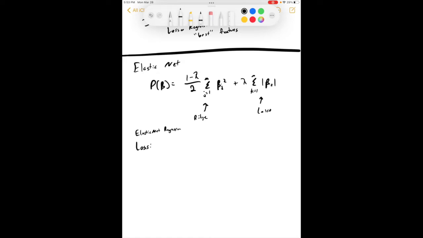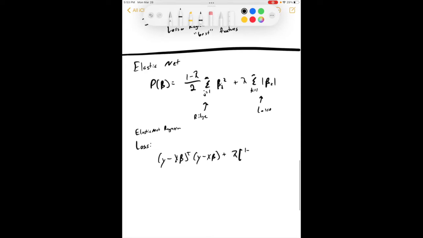And this whole loss altogether is going to be y minus x times beta transpose times y minus x times beta plus, well, I already used lambda. We're going to use lambda here again. All right, lambda 1 minus, let's use delta. Sorry, we're switching so much.